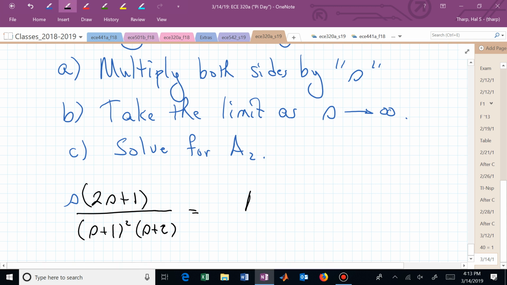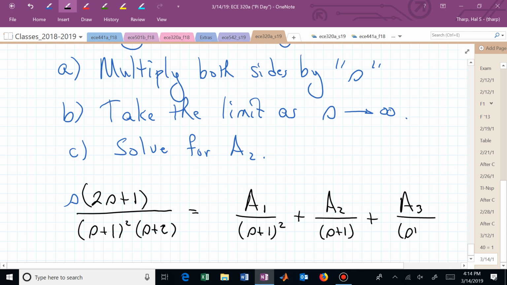And we have our a1 over s plus 1 squared plus a sub 2 over s plus 1 plus a sub 3 over s plus 2. I was going to say squared, but we didn't have that one repeated, did we? And we now need to multiply all of those by s. If we do something to one side, we have to do the same thing to the other side. And we already know that a1 was minus 1, a sub 3 was minus 3.